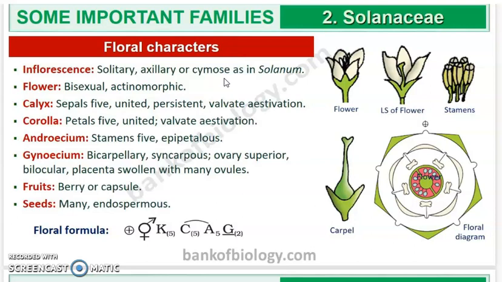So that is called cymose inflorescence. Axillary means the flower will start developing from the leaf base. Here, the point where the stem and the leaf base meet, from that point flowers can arise. So that type of inflorescence is called axillary inflorescence, and some plants of this family will show cymose inflorescence also, right?